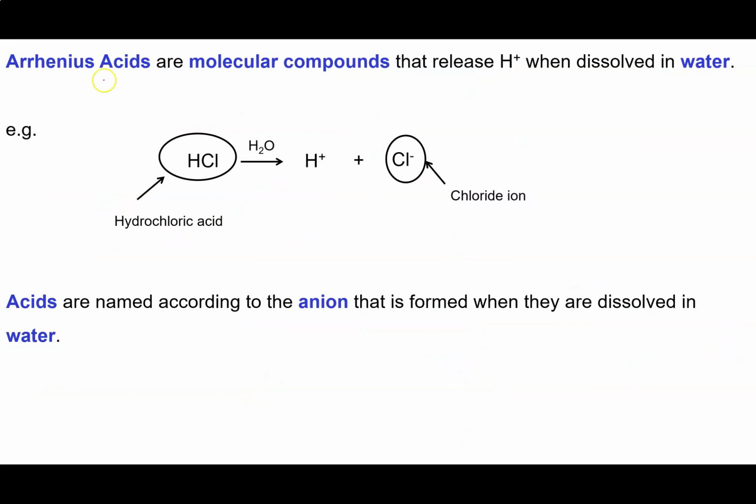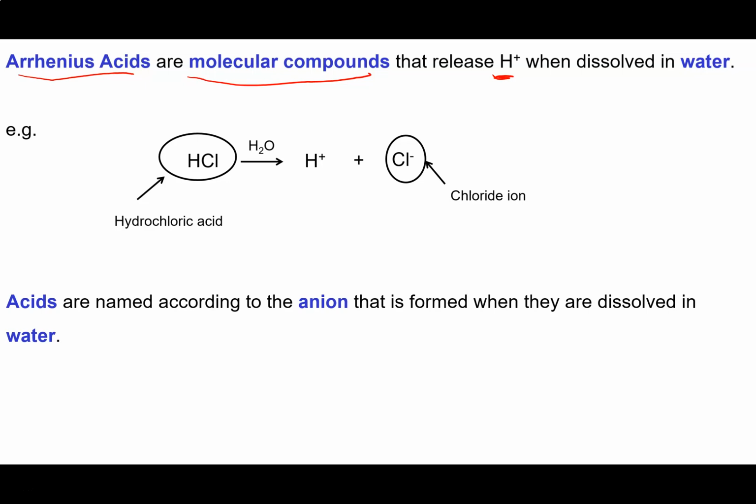All right, so Arrhenius acids are not ionic compounds. Arrhenius acids are molecular compounds. But when they are dissolved in water to form an aqueous solution, they release hydrogen ions and some kind of anion.